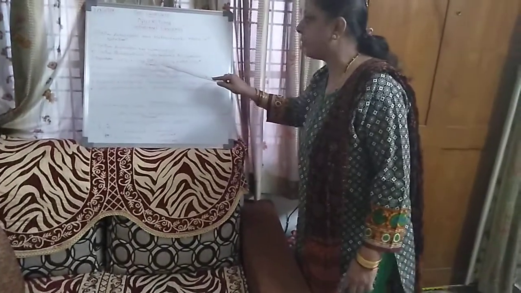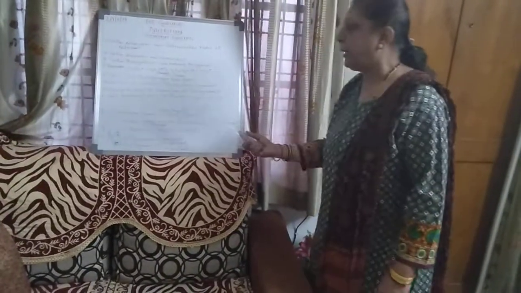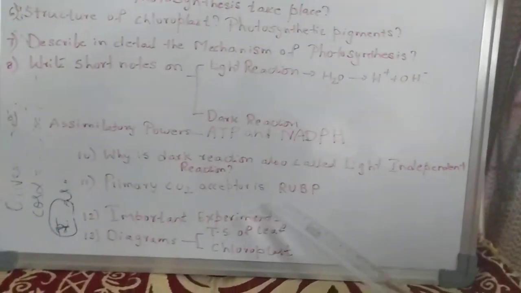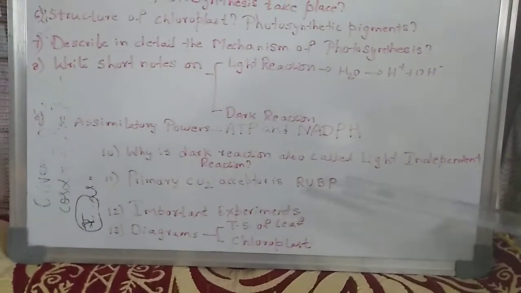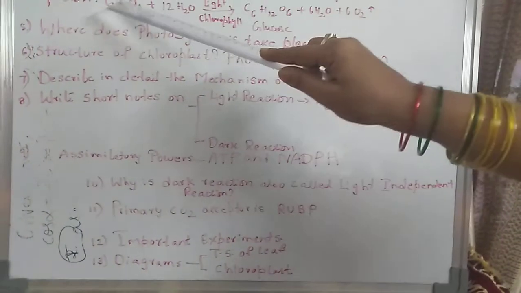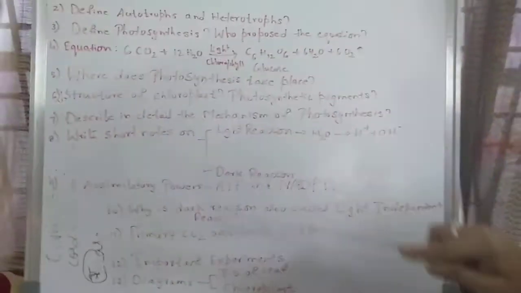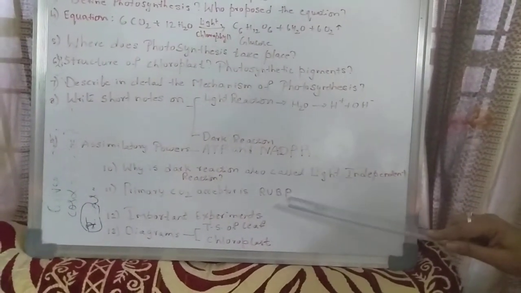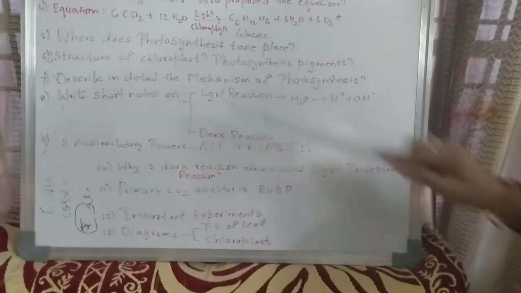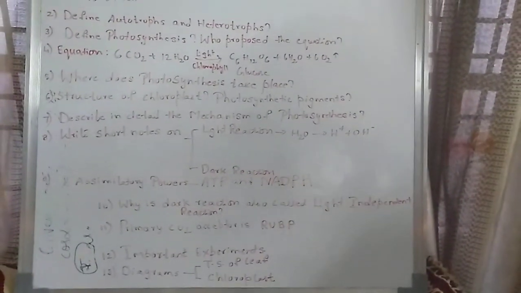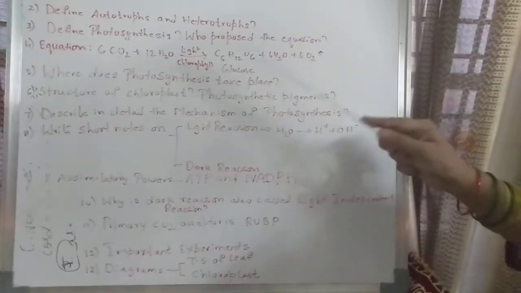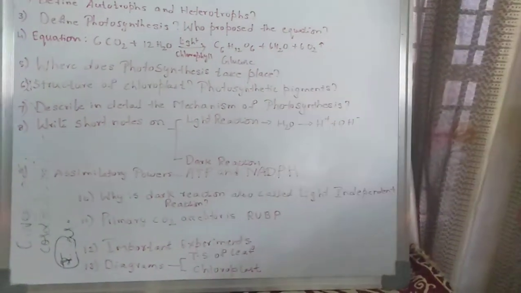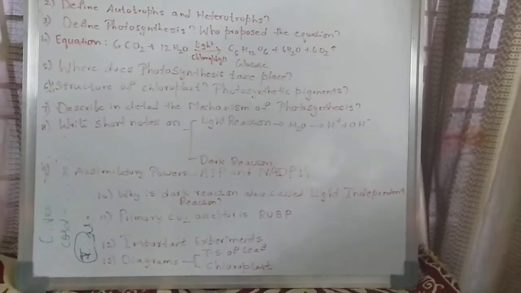Carbon dioxide gets reduced to glucose, and we have a primary carbon dioxide acceptor called RUBP, which is ribulose 1,5-bisphosphate. So the carbon dioxide that is absorbed by the plant is accepted by a primary carbon dioxide acceptor called RUBP or ribulose 1,5-bisphosphate and is reduced to glucose. This glucose is converted to a complex carbohydrate called starch.